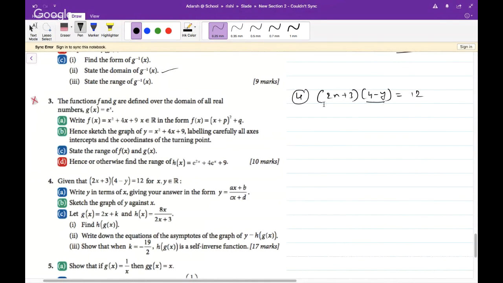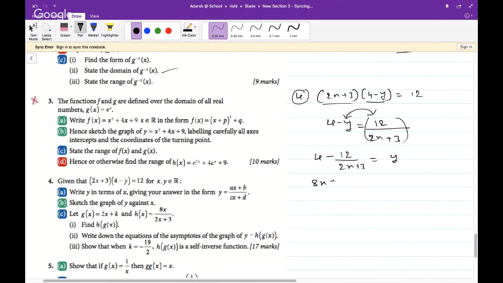So we keep this and take this term to the other side. So 4 minus y is equal to 12 divided by 2x plus 3. Now we want to make y the subject, so we'll take this y on this side and this entire fraction on the other side. So you have 4 minus 12 divided by 2x plus 3 equals minus y on the other side, which is plus y. So solve this.